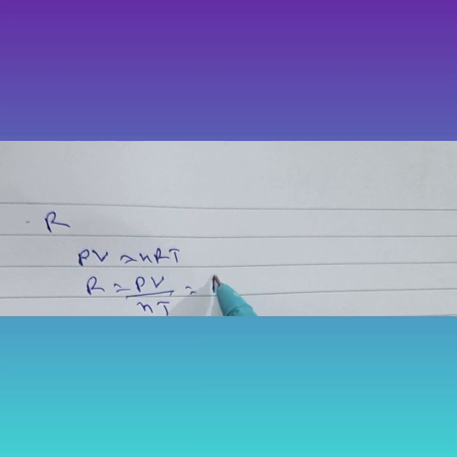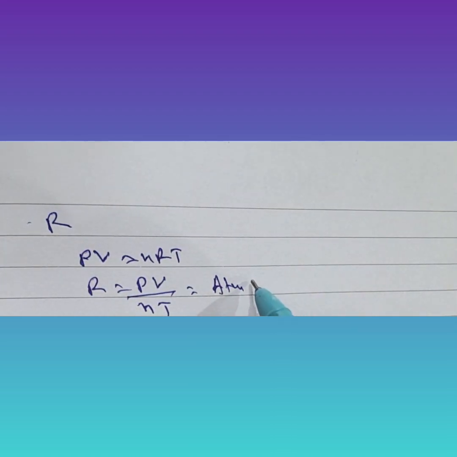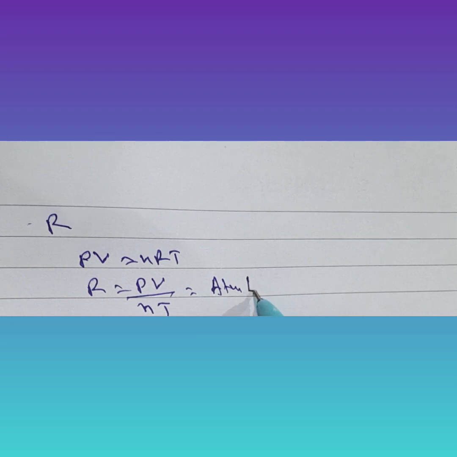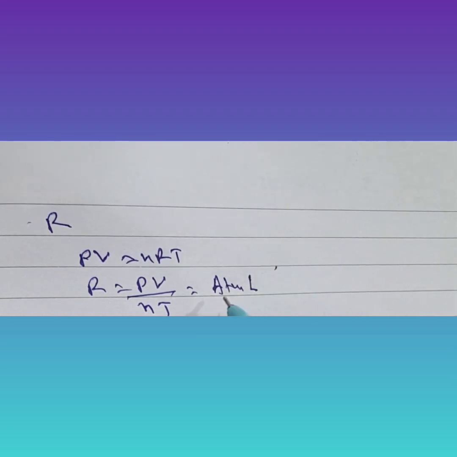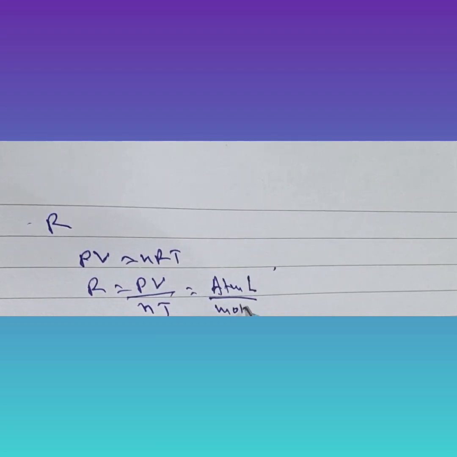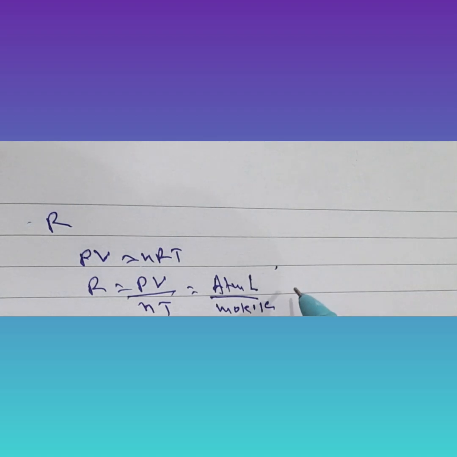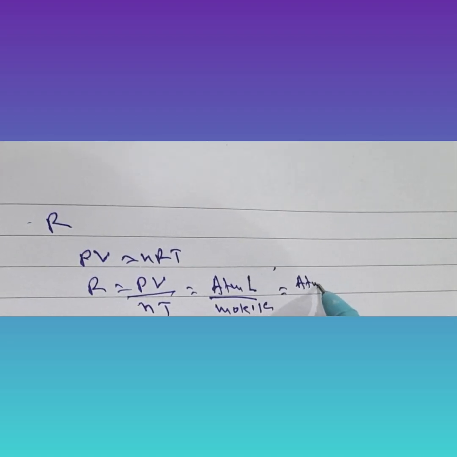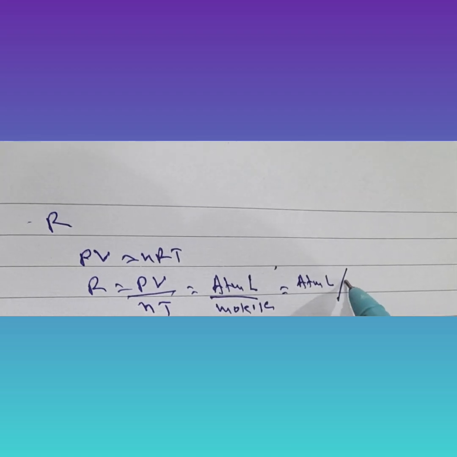P is for pressure in atmosphere, V is for volume in liter, divided by mole, and temperature in Kelvin. So it becomes atmosphere liter per mole Kelvin.